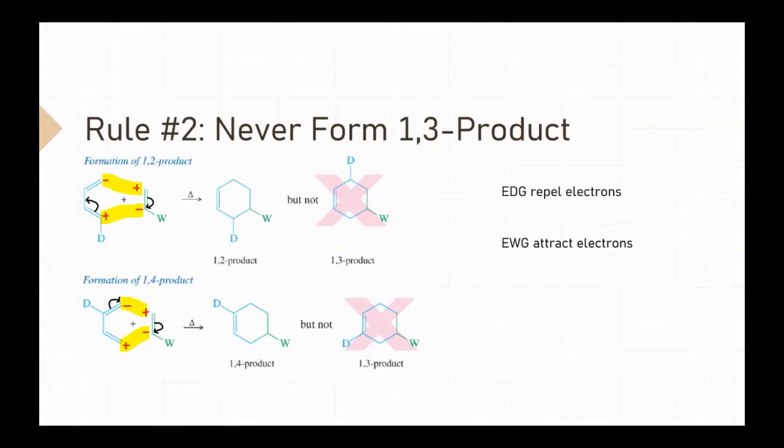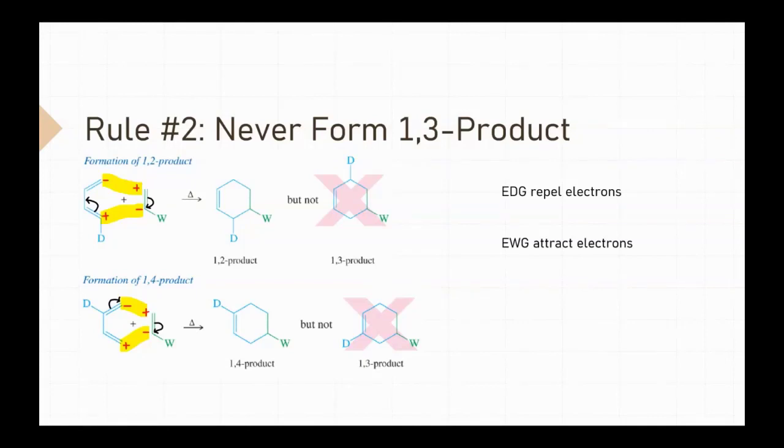Okay, another rule for Diels-Alder is you never form the 1,3 product. So when you have a 1,3 product, you should know immediately that that's wrong. How you would do this is, if you have a donating group, it's going to repel electrons.